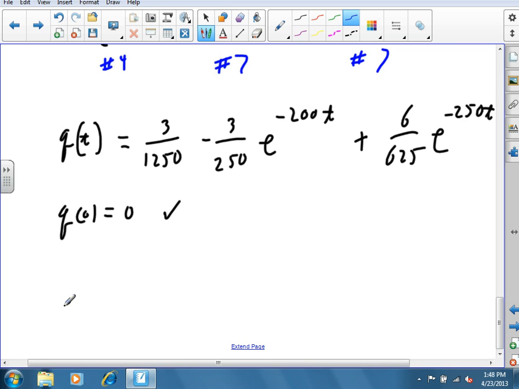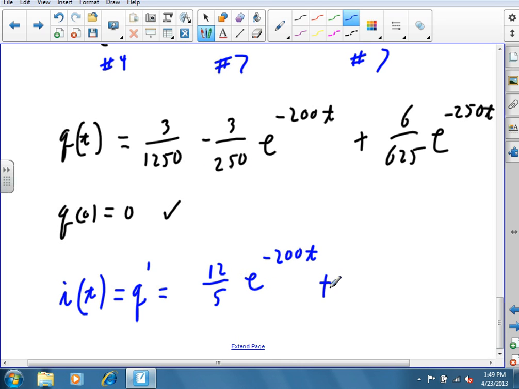Alright, so I of t is equal to the derivative of the q guy. Alright, so that guy goes away. The 200 goes out in front. The zeros go away. So I've got 12 over 5, maybe, e to the minus 200t plus, I'm going to do that on my calculator. 3 times 200 divided by 250, and that's 2.4, which is what I have.